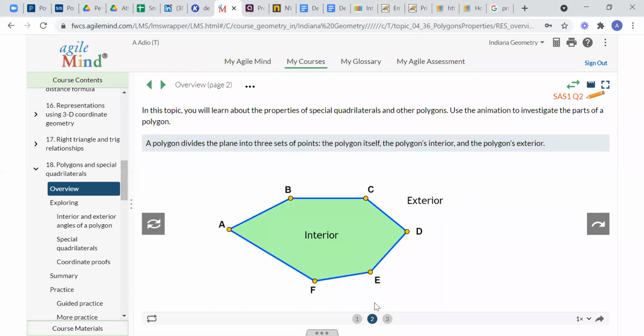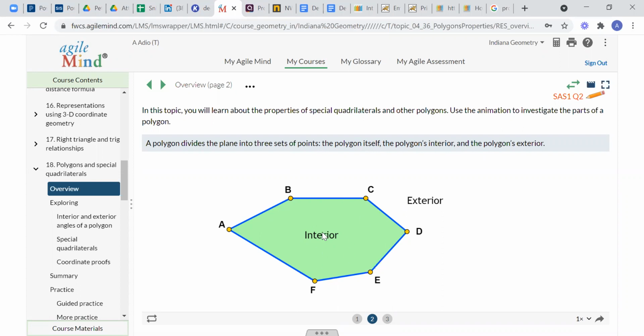So a polygon has three major components. It has its own shape itself, like the blue side. Or when you join all the sides together, it forms the polygon. That is the polygon itself.